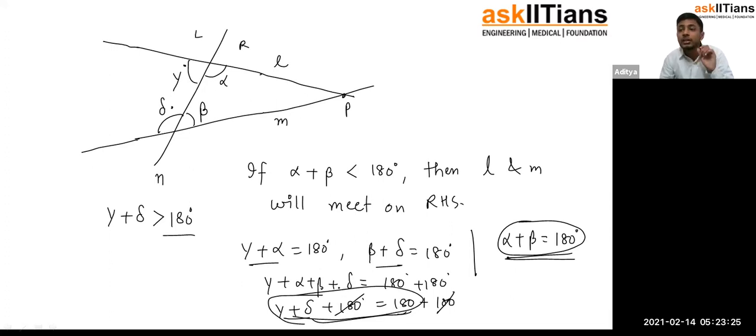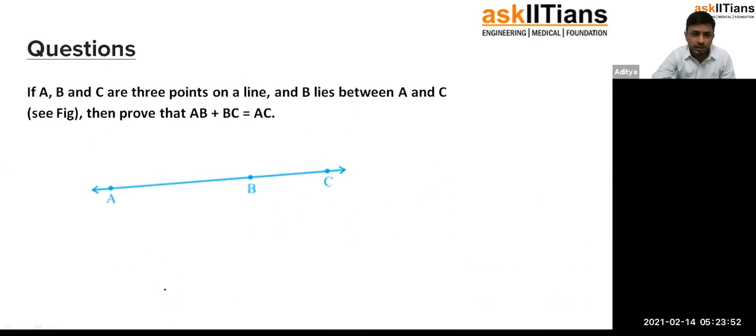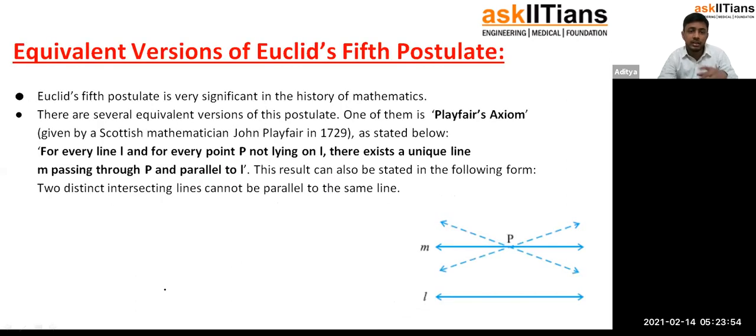The lines will never meet. They cannot meet on the right hand side, because we have assumed alpha plus beta equal to 180 degrees, and they cannot meet on the left hand side also, because here we have proved that gamma plus delta is also 180 degrees. So on neither side do we get a sum less than 180, and hence they will be parallel lines.